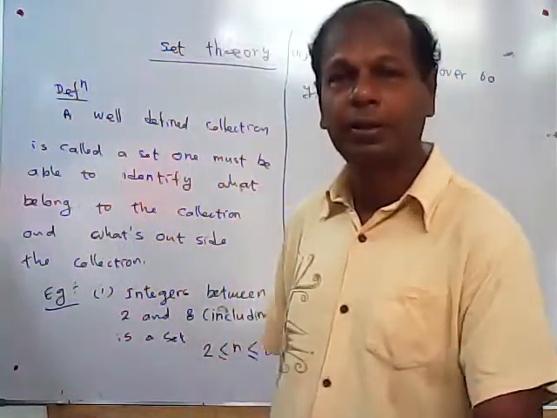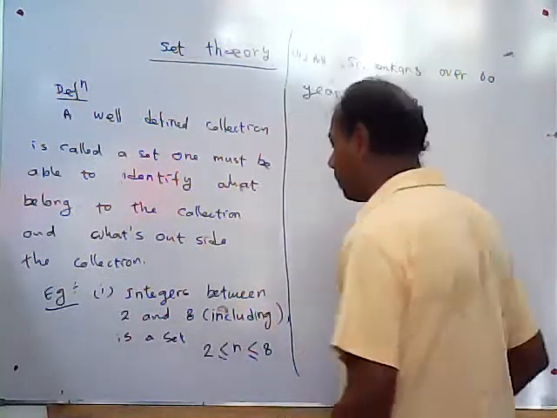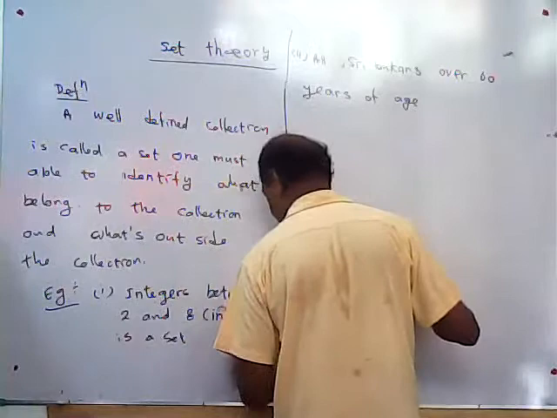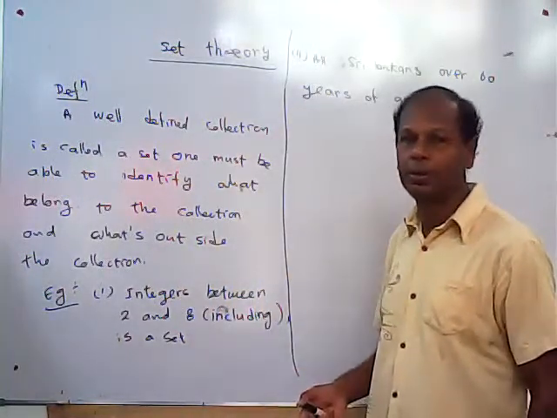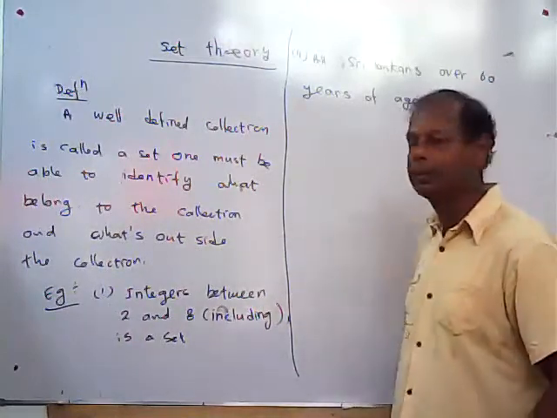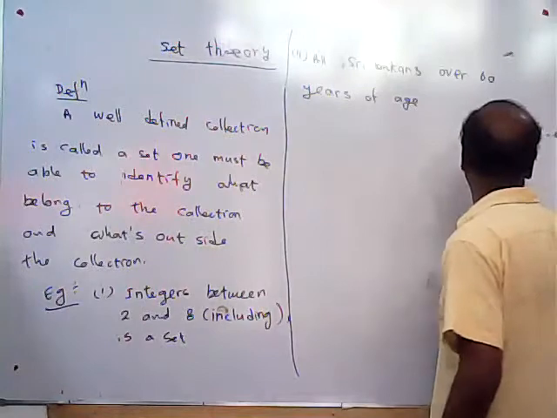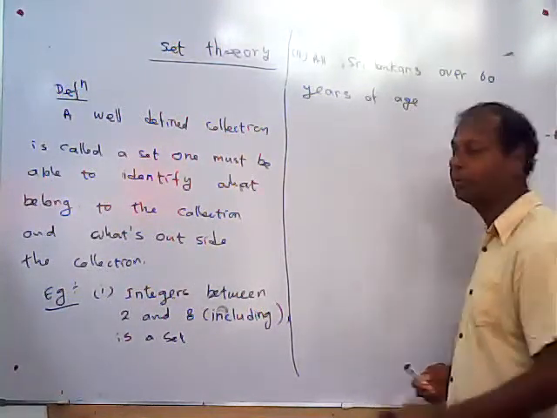So you have to explain whether including or not. If not given including, we take it as not included. If we don't take the two ends. Next, by default we take it as open.